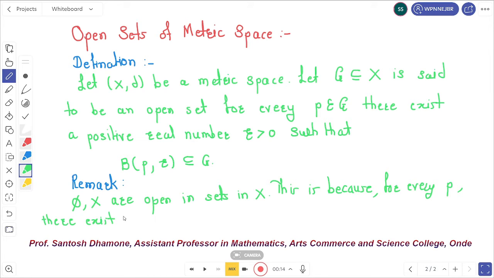This is trivial, automatically true, as the empty set phi does not contain any point.